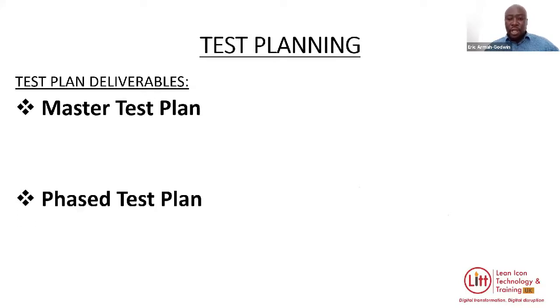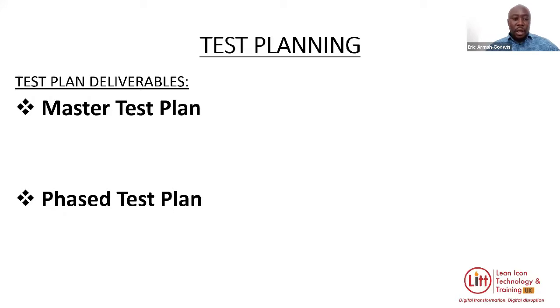So the difference between these two documents is that the master test plan typically addresses multiple test levels. By test levels, I'm talking about unit testing, integration testing. When you bring all of that, this is the high level document which addresses all of them and has everything in it.